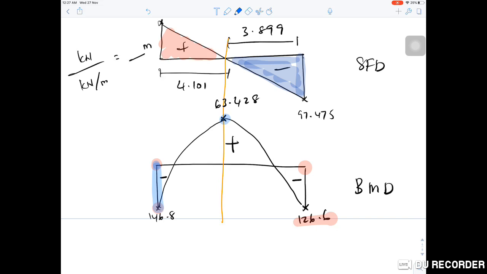We minus the second triangle, we get negative 126.6. Plus the moment we get from the table, which is positive, because we need to close the loop like this. So this is the BMD.